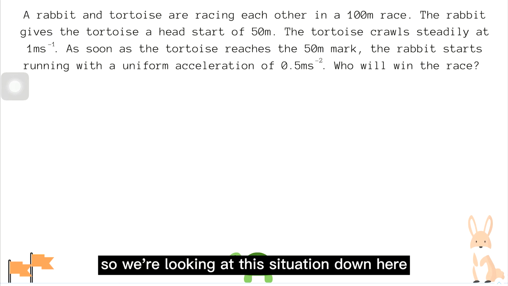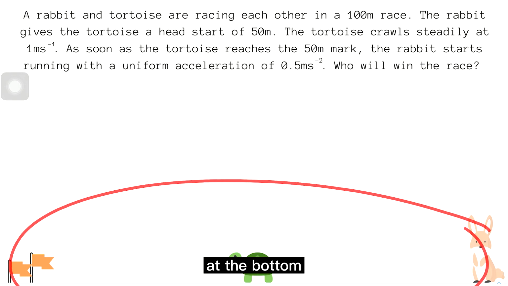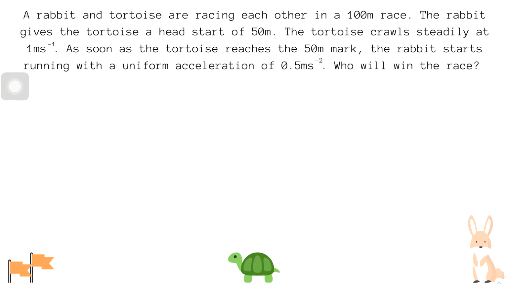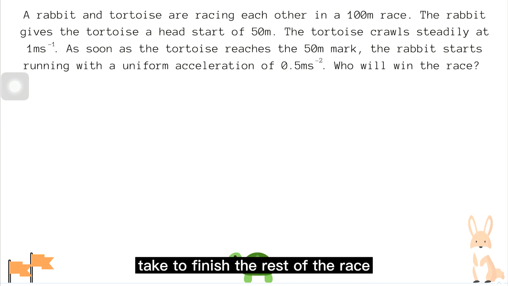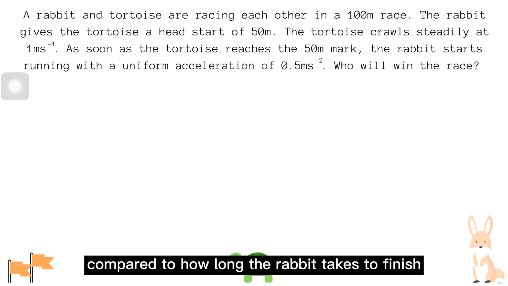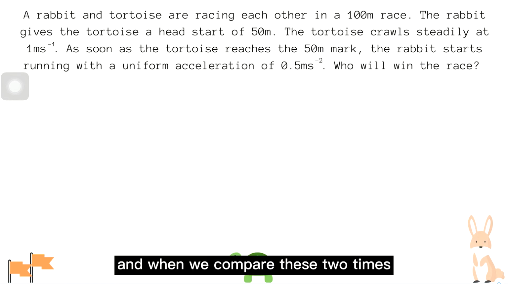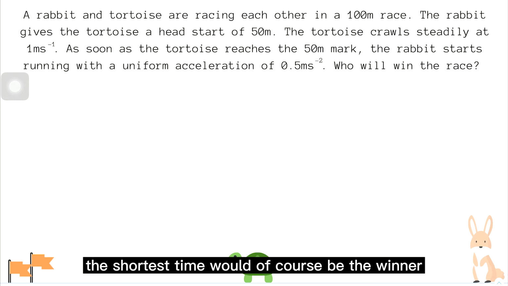So we're looking at this situation down here at the bottom. All we need to find out is how long the tortoise takes to finish the rest of the race compared to how long the rabbit takes to finish the whole race. And when we compare these two times, the shortest time would of course be the winner.